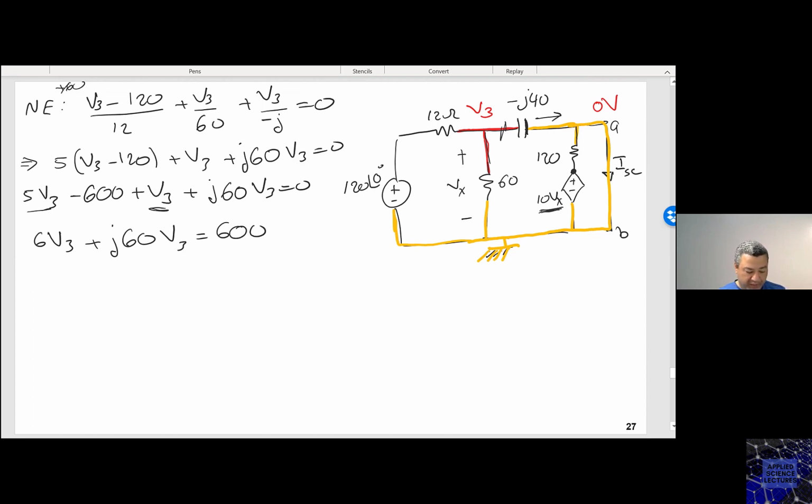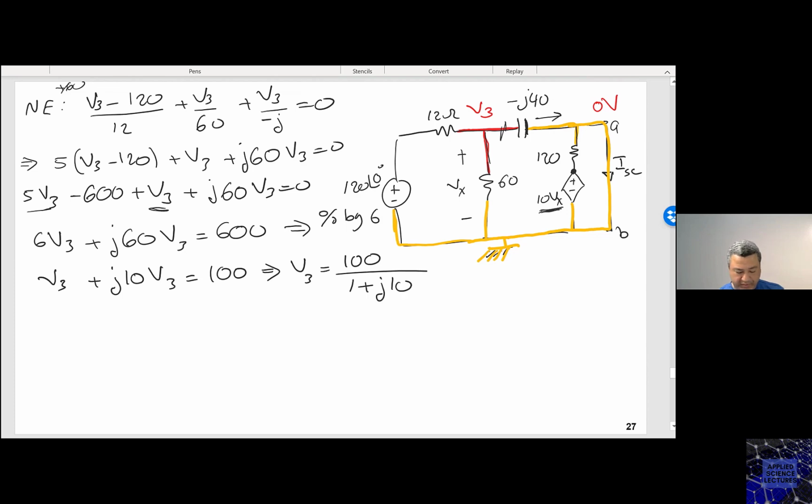So if I divide by 6, I have V3 plus j10 V3 equals 100, and V3 is 100 divided by 1 plus j10, right?